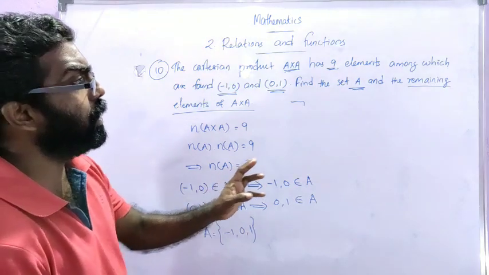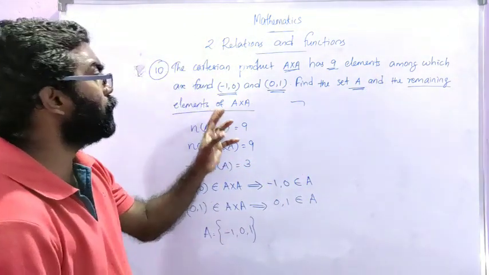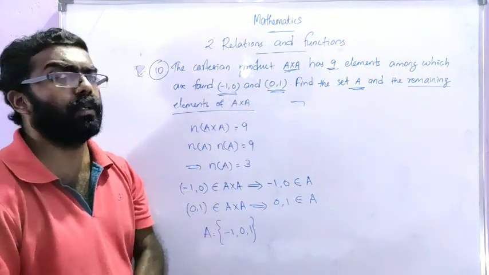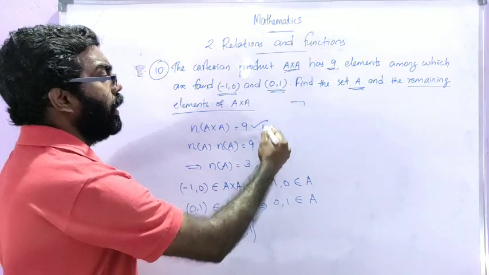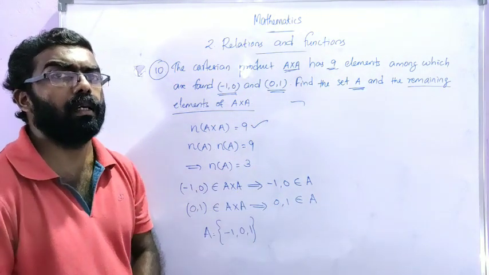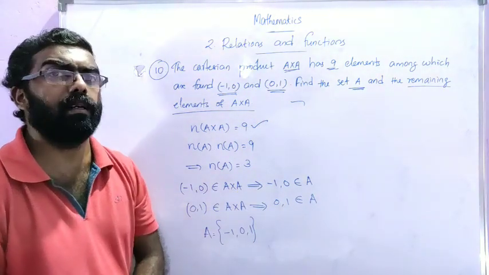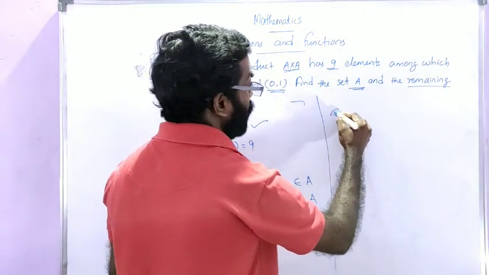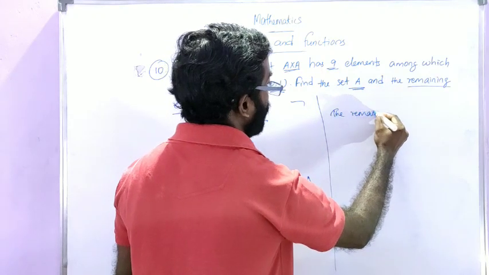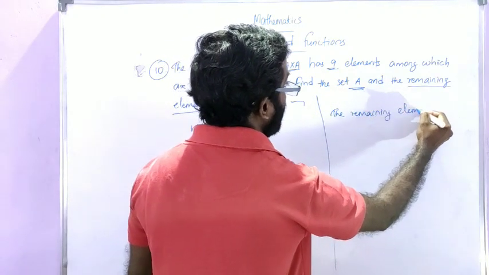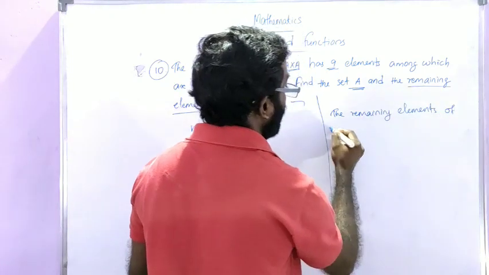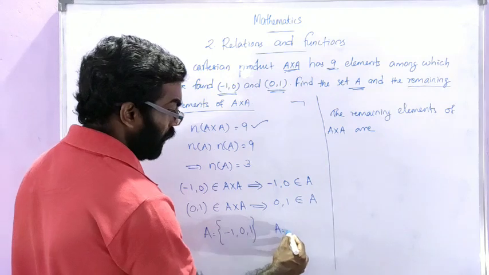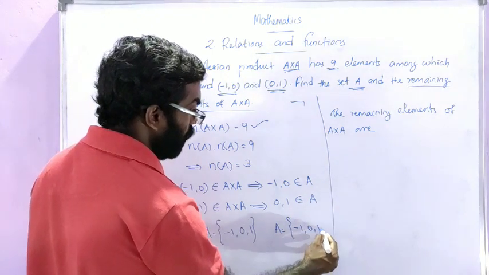And the last part is the remaining elements of A cross A. Only two elements are given, (-1, 0) and (0, 1). Here there are 9 elements, so we have to write the remaining 7 elements. The remaining elements of A cross A are, here I write one more set, A is equal to {-1, 0, 1}.